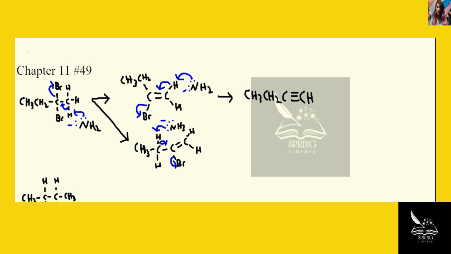So this is exactly the same mechanism, just happening at a different location in the molecule. And so if this happens, the product here is CH3CH, double bond, carbon, double bond, CH2. And so that's our 1,2-butadiene. And that's the minor product. It's formed in a very small amount.